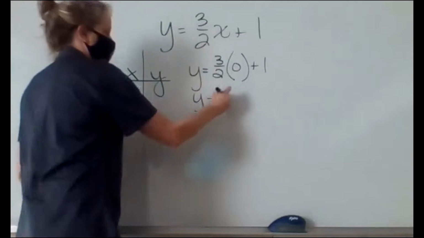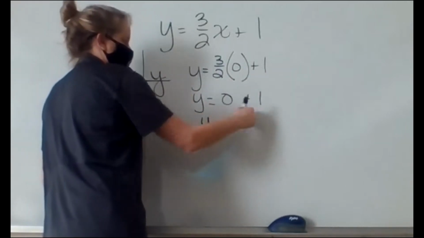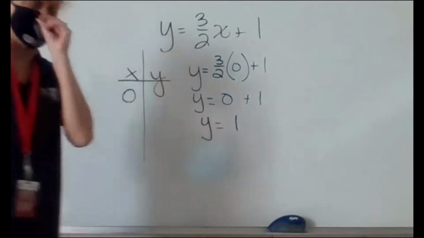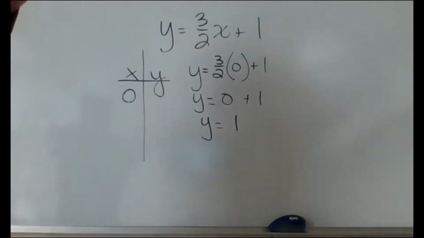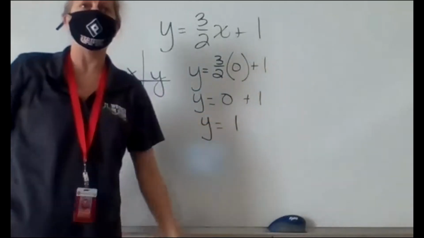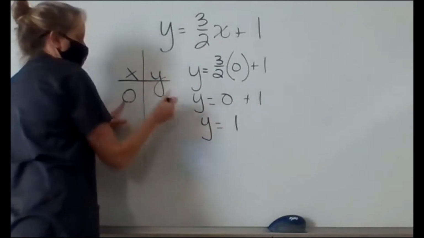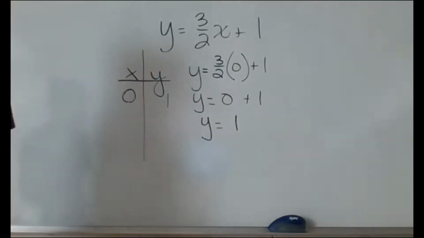Bring down the plus 1, and 0 plus 1 is 1. This is like a machine. You plug in something for x, and it spits out the y that goes with it. I plugged in 0 for x, and it spit out the 1 to go with it for the y.